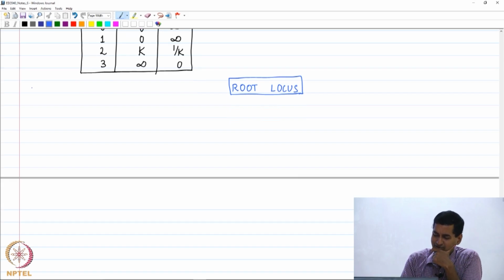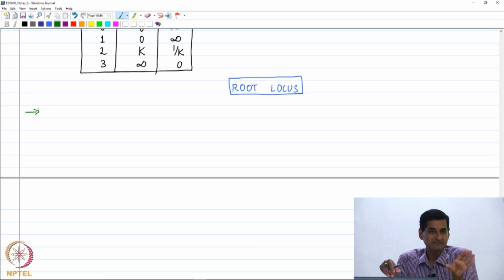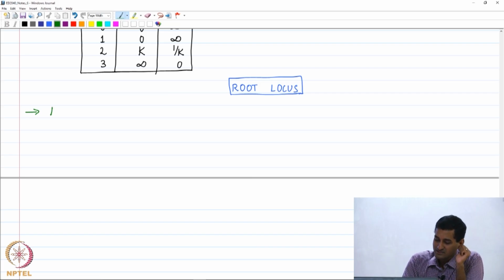Okay. So what do we mean by root locus? As the term indicates, it is a locus of some root. All of us know what locus means, right? It's just a trace of something as a parameter is varied. So that's what we call a locus. So what is root locus?